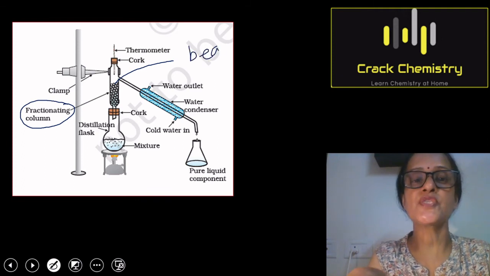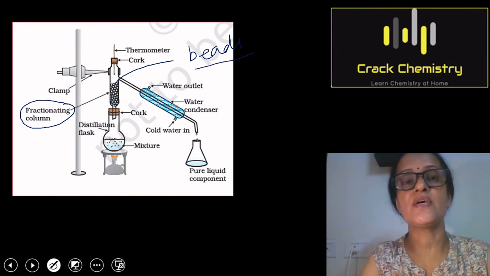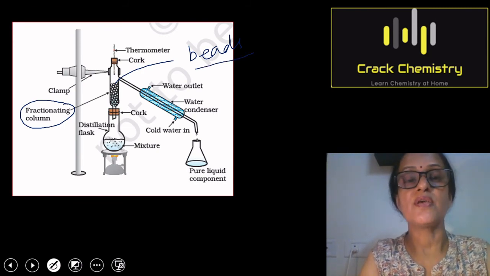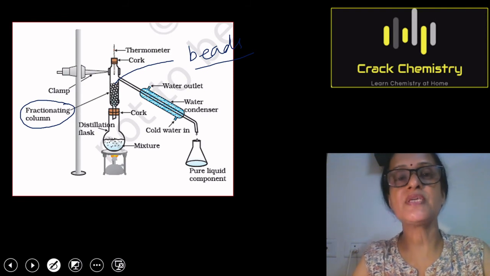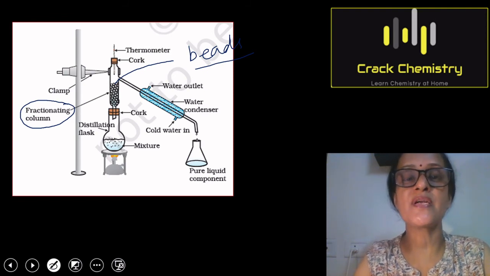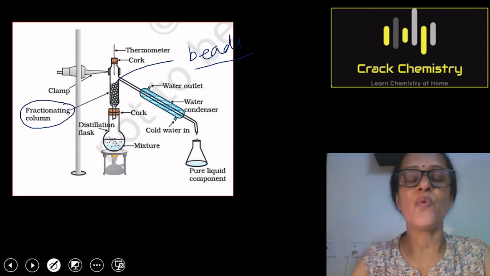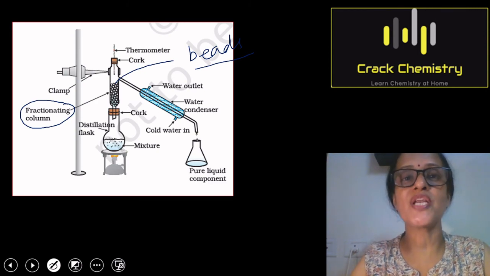So what is the purpose of glass beads? These beads provide more surface area for effective cooling. So what happens? Fractional distillation is used for separating components of those liquids where the liquids differ in their boiling points by less than 25 degrees.